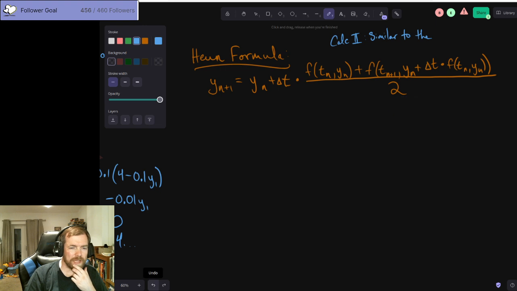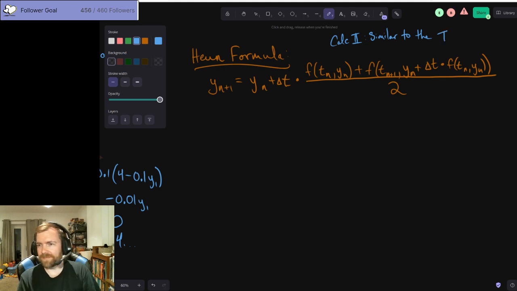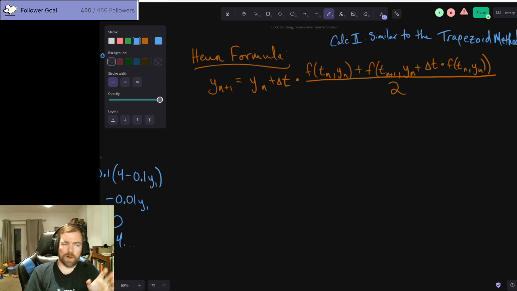And there's somewhere in Calc 2 specifically that all the students do, through trying to find a numerical way to solve integrals. You mean trapezoids? That's it. Yep. So it might not be 100% analogous, but at the same time, it's really similar when you start thinking about what this is doing.